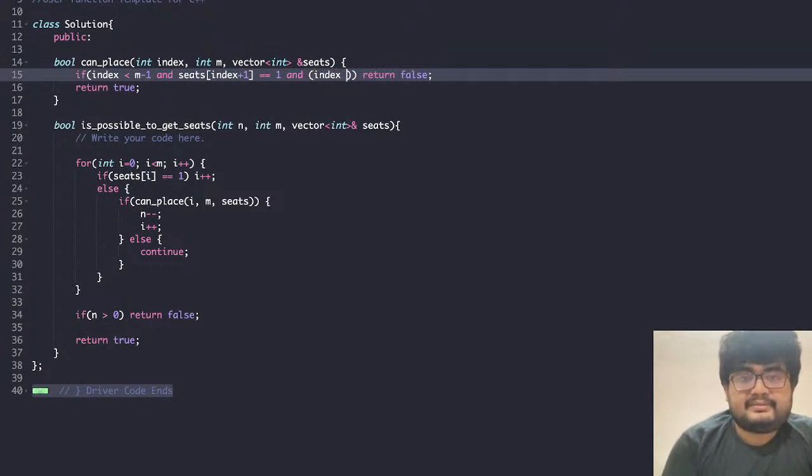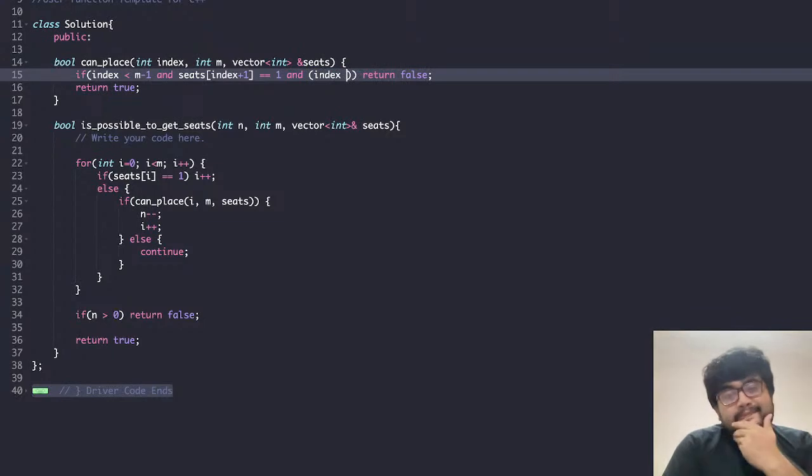Index. Okay. So, one second. Index is less than this and this, and index is greater than 0.